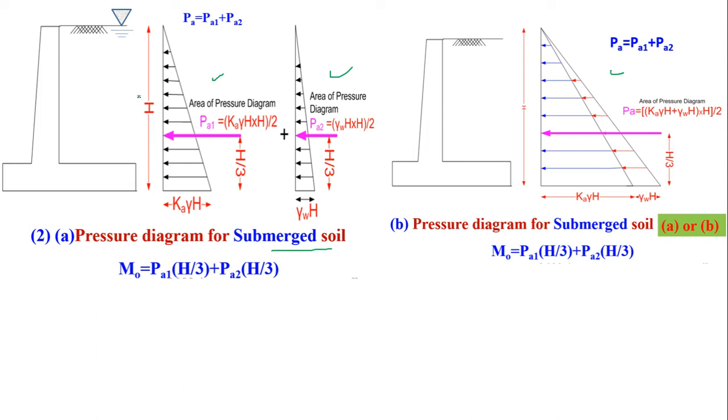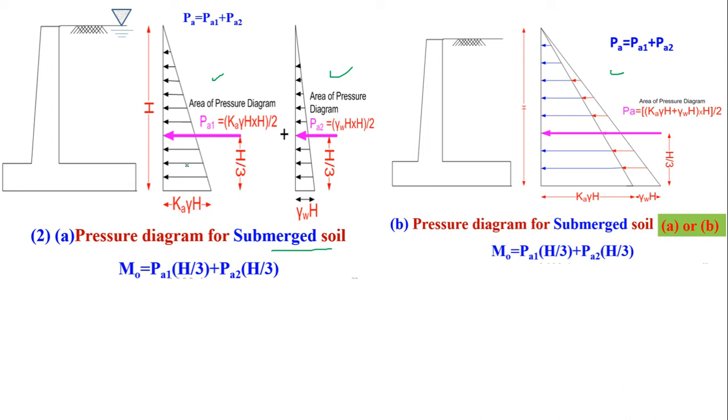We need to draw the pressure distribution diagram for the soil, plus the pressure distribution diagram for water. For soil, the pressure at the top is 0, and the pressure at the bottom is Ka into gamma into H. Ka is the soil coefficient, and this gamma represents the unit weight of soil. So Ka into gamma into H is the one pressure diagram we have.